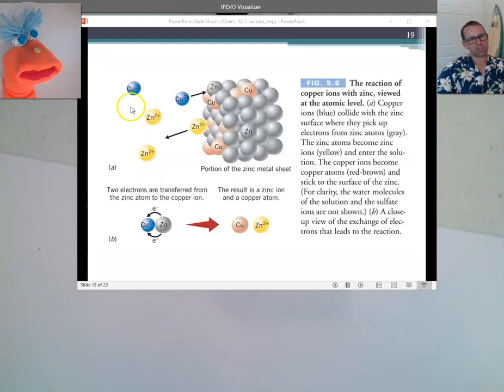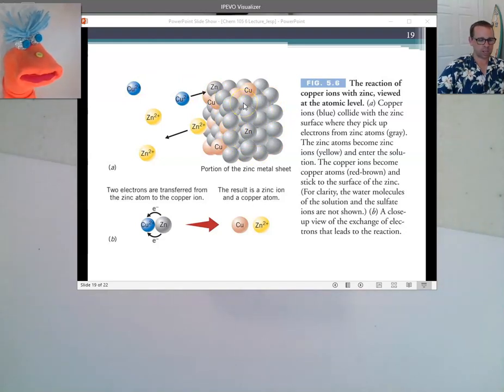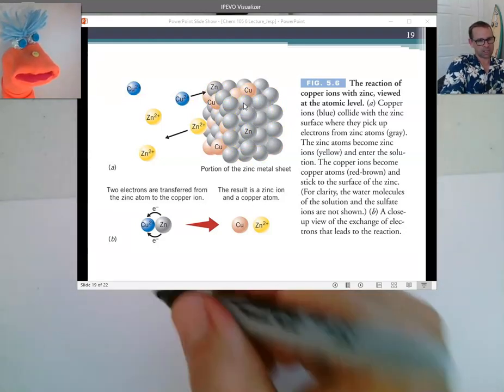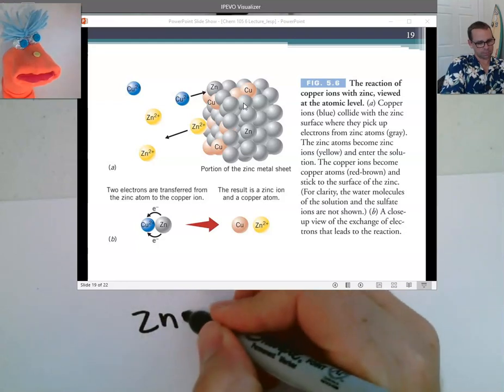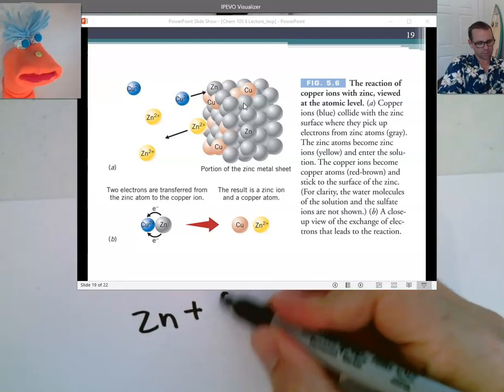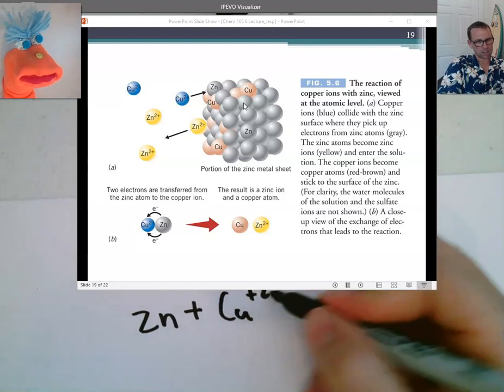Here's another example of this kind of single displacement reaction. Here we have metallic zinc, and I'll write the chemical reaction here for us. We have metallic zinc, and we're interacting it with copper ion.